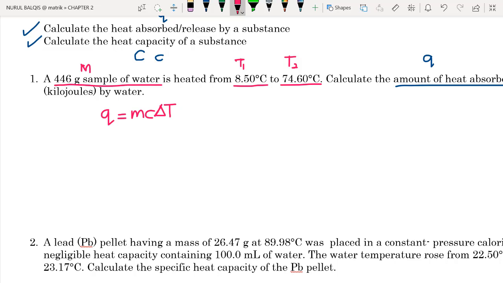Can we substitute the value and find the Q? Yes, we can simply substitute the value. So our Q is going to be 446 times 4.18, and then we have 7460 minus 850.